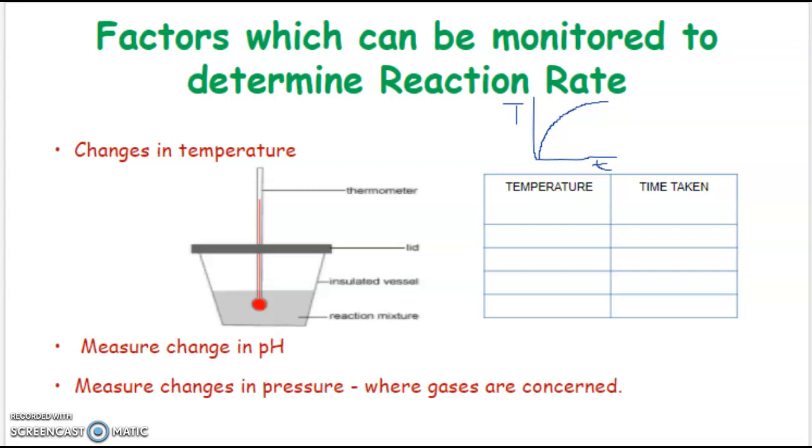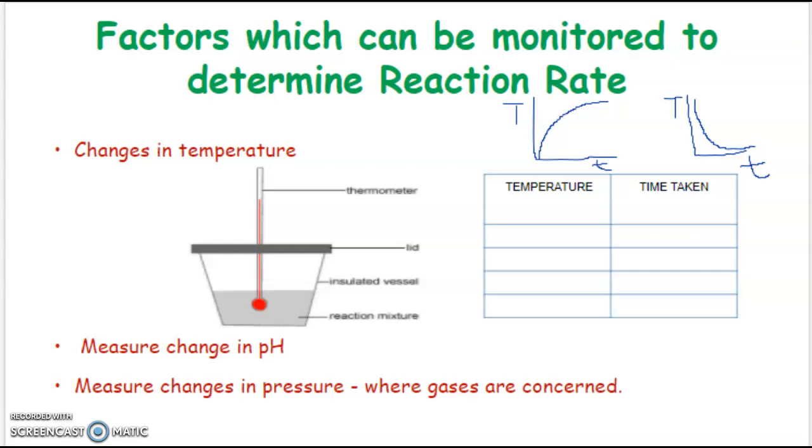If, however, there is a decrease in temperature as the reaction progresses, then our graph, after being plotted, will have this general shape, because it's one in which there is a progressive decrease in temperature as the reaction progresses.